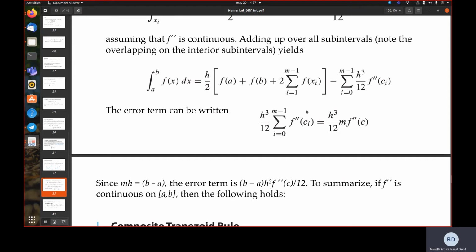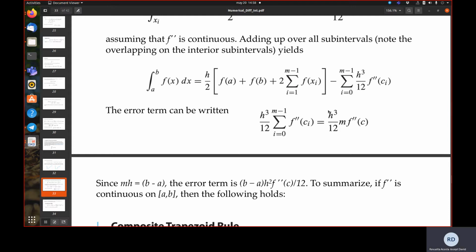So we write it like here, but this is actually an average way to do it, because this is the summation of this formula over this thing, so it's actually m times the same thing. So we simplify it then as h cubed divided by 12 times m times the second derivative. It's actually the same thing, because you are just adding the same thing m times.